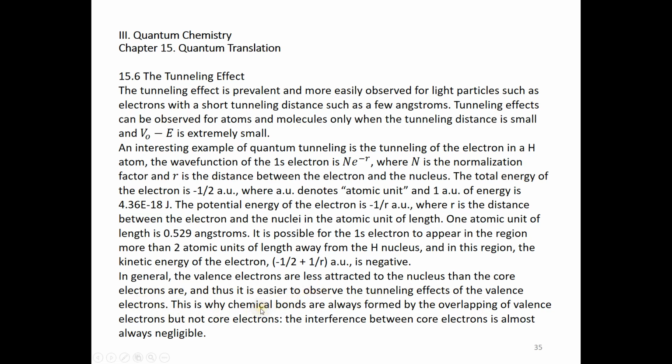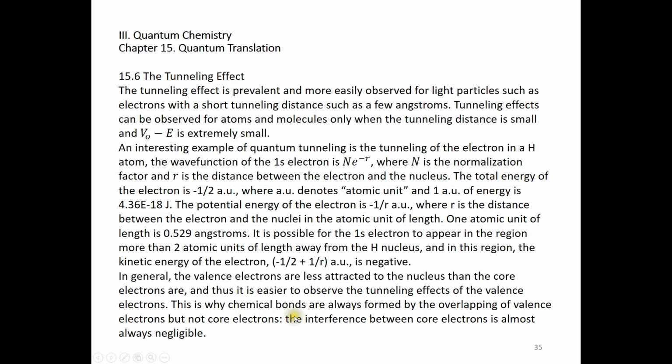And this is why chemical bonds are always formed by the overlapping of valence electrons, never core electrons. The interference between the core electrons is almost always negligible, only because, again, it's extremely difficult to find a core electron far away from the nucleus, far enough to overlap with another core electron in another atom.